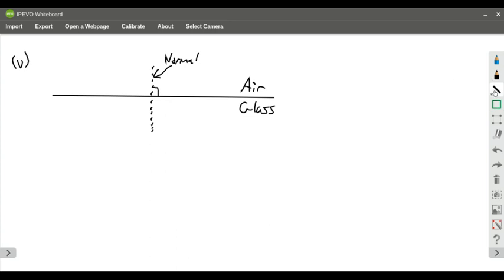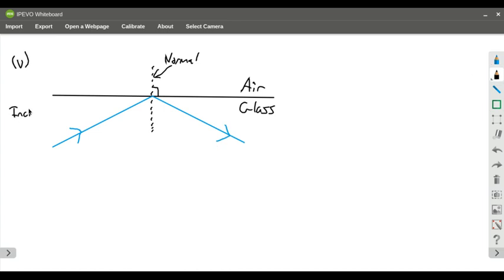That's a normal. I'm going to draw some different colors here. This is the incident ray, and then this is going to be the refracted ray. Light is coming in here. Now let's go back to my black.